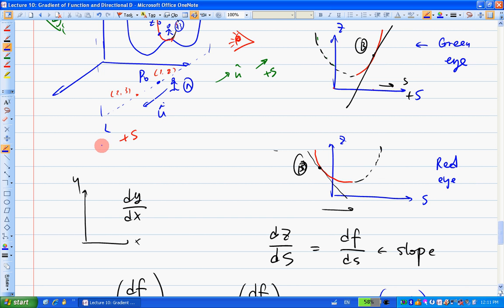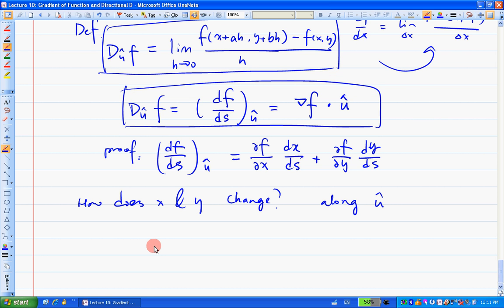They change along a line, the line L. So basically the trajectory of x and y, if you keep walking along u hat, is a straight line.